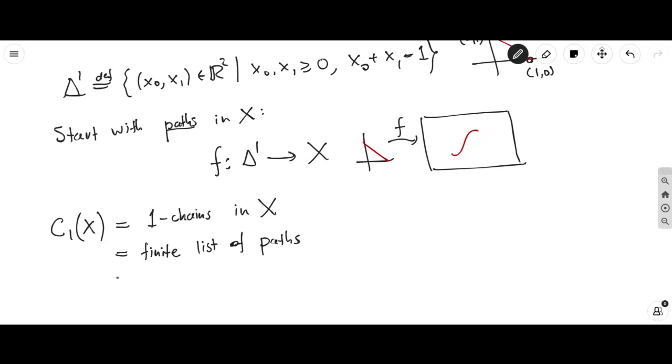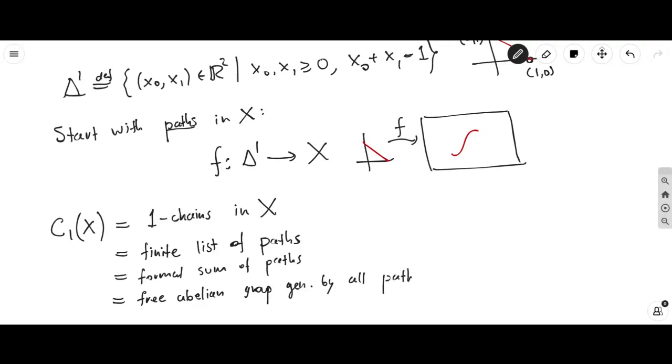And the way we describe the final list, this is really a formal sum of paths. And the fanciest way to say that is just this is just a free abelian group generated by all paths.